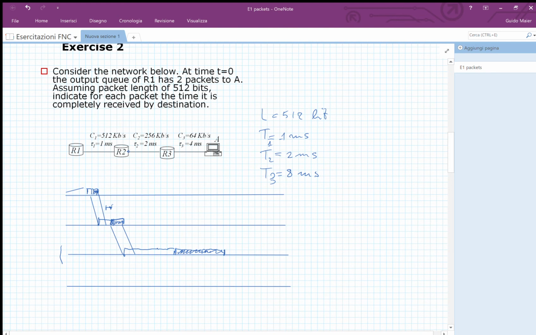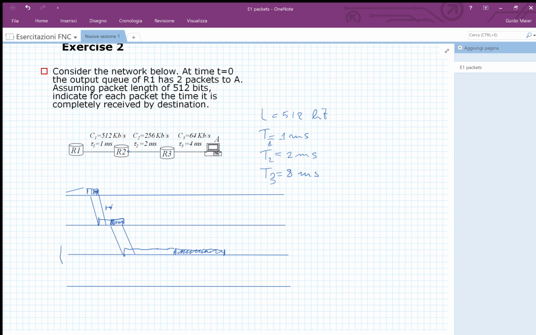Now I am not showing anymore the initial propagation of the first bit, because the drawing is more clear, but in principle there should be another segment also here.